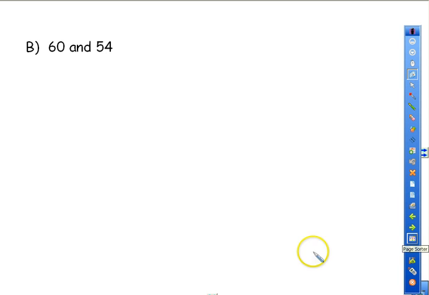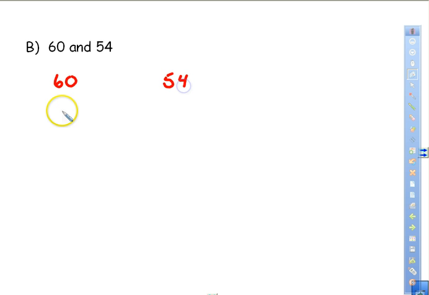Now let's look at our next one and go ahead and do that for 60 and 54. Now for this one, since the numbers are larger, I'm going to use, and I think most of you will find in my past experience, most do use the prime factorization. So I get 6 times 10, and then I'm going to break that down to 2 times 3, both prime.